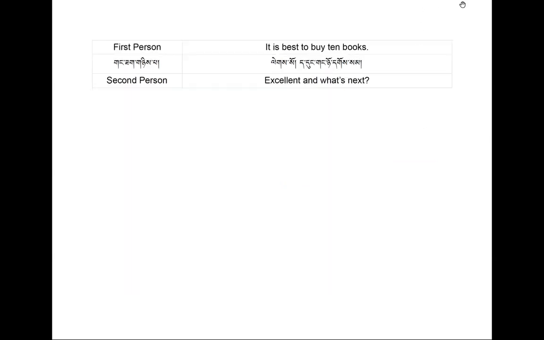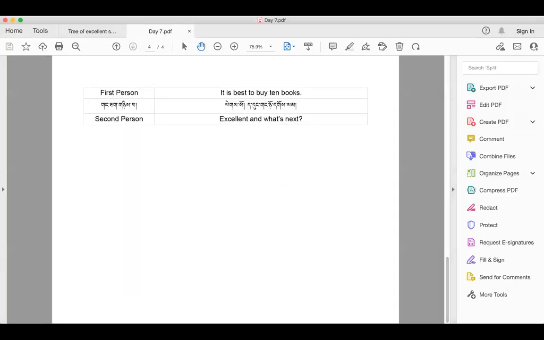This particular particle is used as the English interrogative pronoun, which is what. Kerang tsen kang re. Kerang ki tsen kare re. Kerang ki tsen kang re.